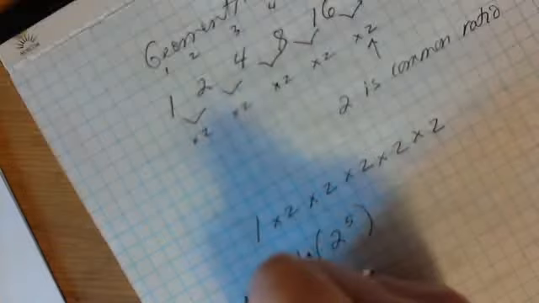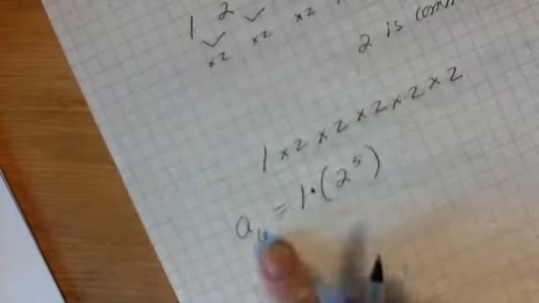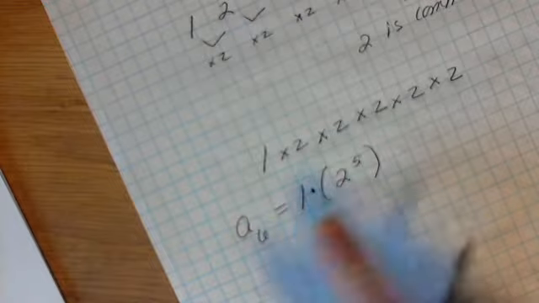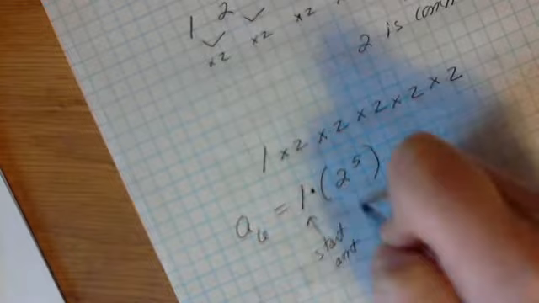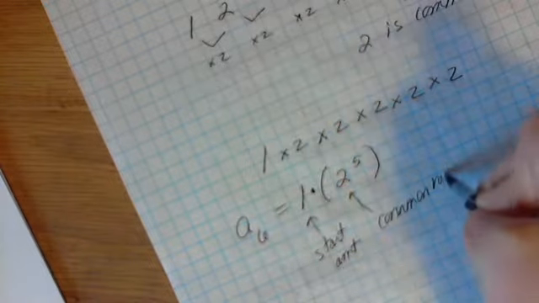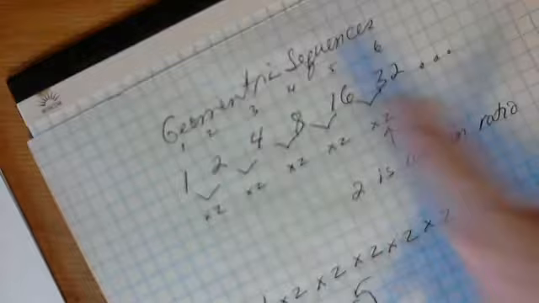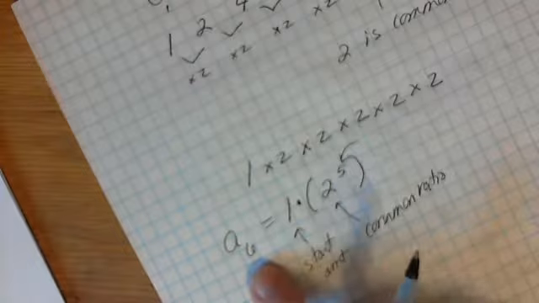So to find a sub 6, that means the 6th term, we did our starting amount times our common ratio, that was what we were multiplying by over and over again, raised to not the 6th power but the 5th power, one number less for the power than the term we're finding.